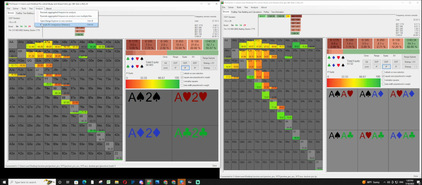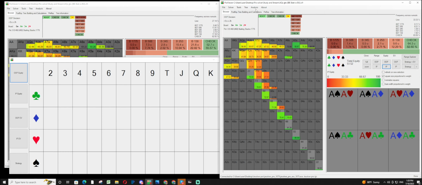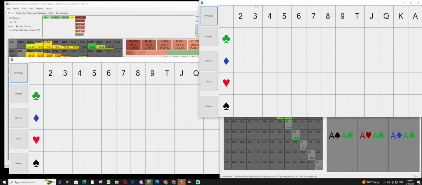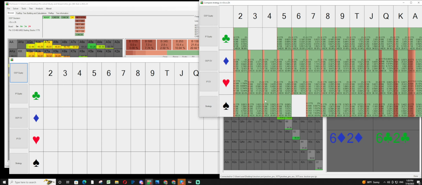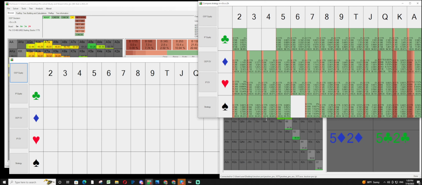Let's check the runouts, how you should play in the GTO and in the exploitive solution. What is the strategy of the out-of-position player? As you can see, you are checking range on most runouts except the ace, which is no club, of course. You just check.